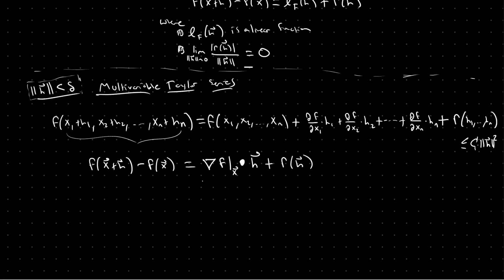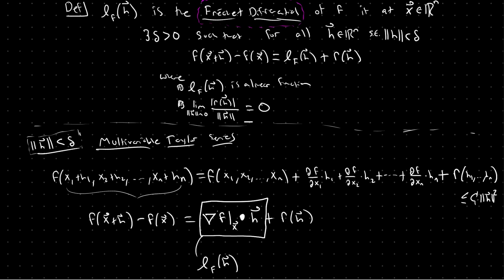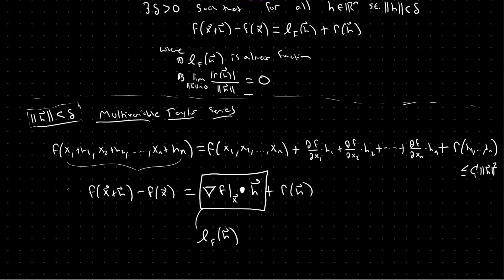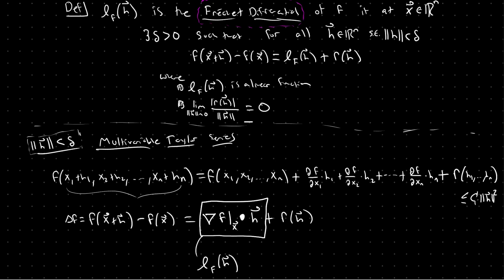This term right here is a linear function of h, and it's exactly the Frechet differential because of this. It's a linear function, and it's the so-called best approximation of this increment of the function f. This is why this is a very good example, and a suitable generalization of the total derivative from 1D calculus.